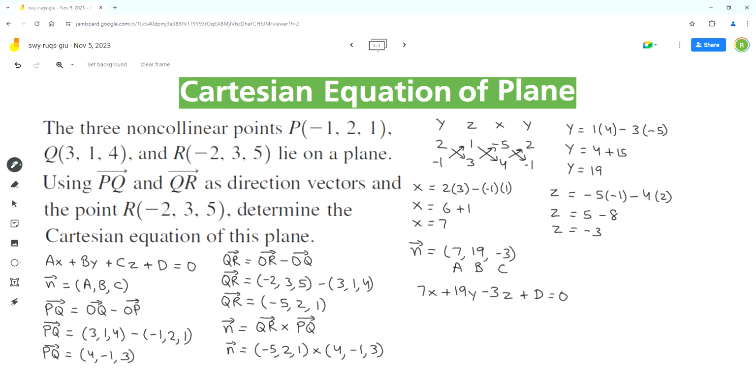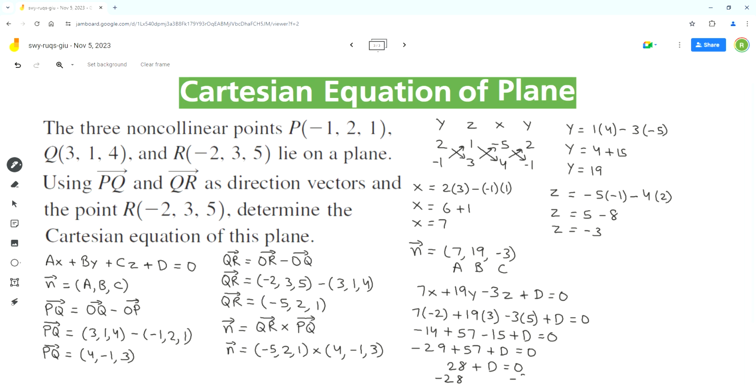So we should sub in x as -2, y as 3, and z as 5 in this equation and solve for D. Now we can isolate D by subtracting 28 from both sides. I get D equals -28.